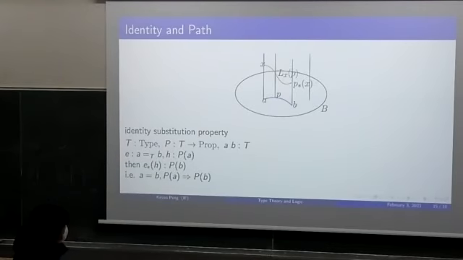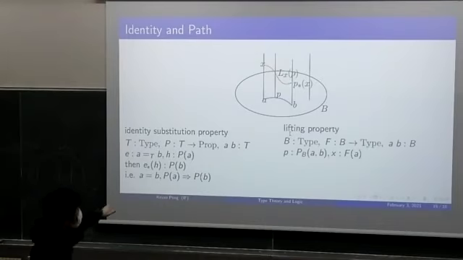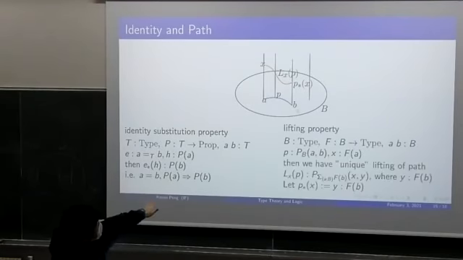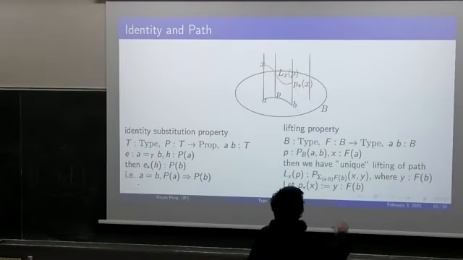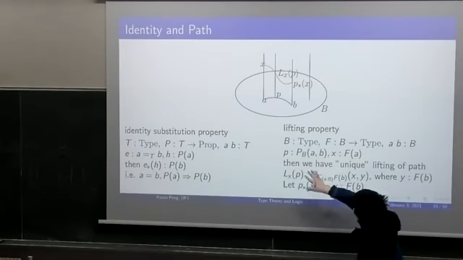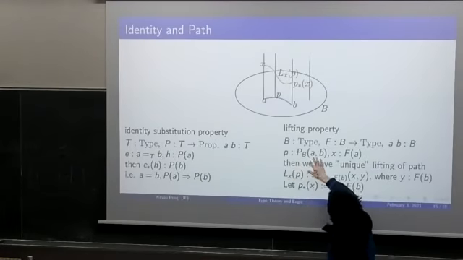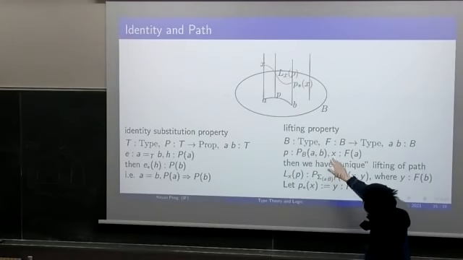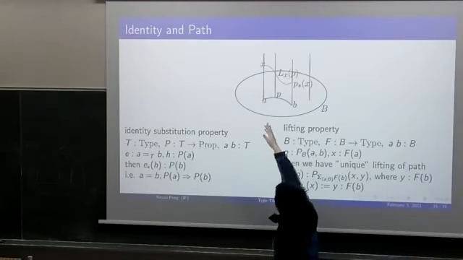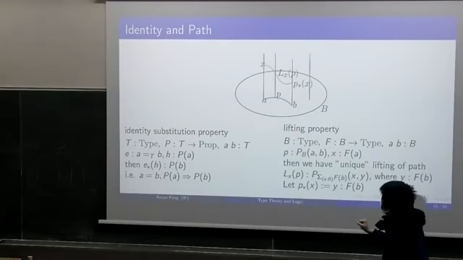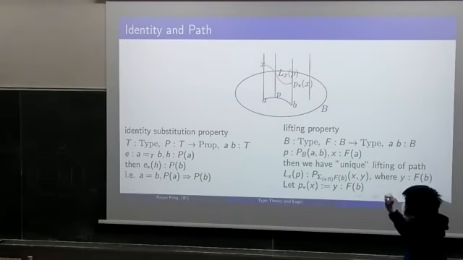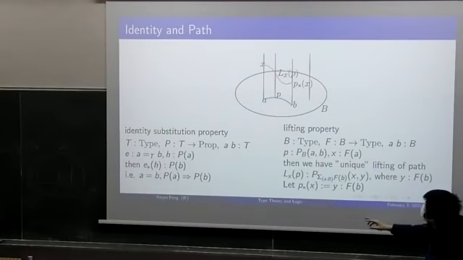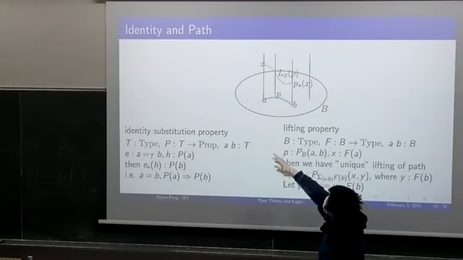Why I denote it this way is that if I regard this as a fibration, what we have is a path between A and B, like in the picture, and we have a point on the fiber of A. Since the property of the fibration is that it has the unique lifting of the path, there is a red path you can see.